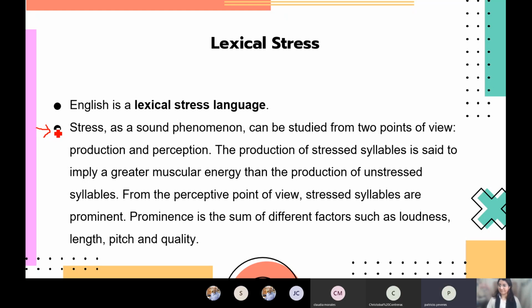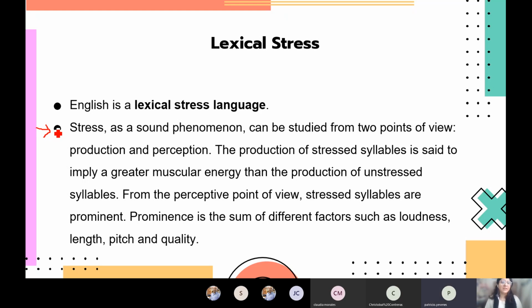Stress as a sound phenomenon can be studied from 2 points of view, production and perception. The production of stressed syllables is said to imply a greater muscular energy than the production of unstressed syllables. From the perceptive point of view, stressed syllables are prominent. Prominence is the sum of different factors such as loudness, length, pitch, and quality.